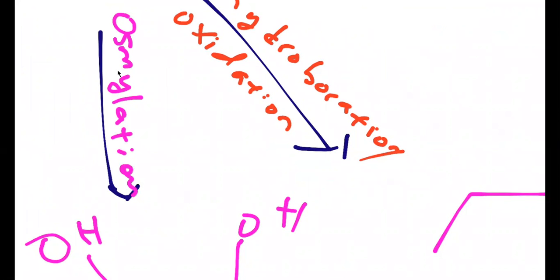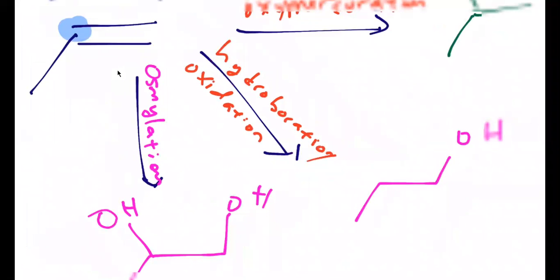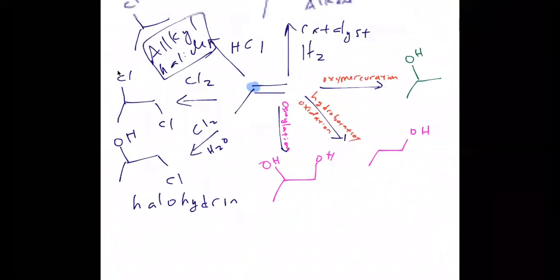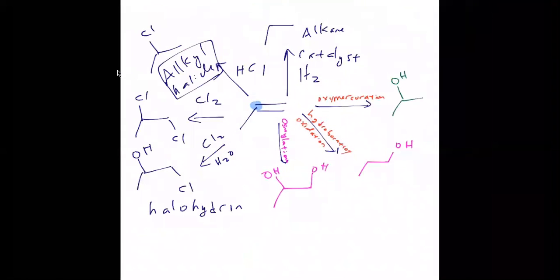So you've got all these different tools, and there's even more reactions than that, but I'm just going to introduce with that. We're also going to talk about ways to convert alkenes into carbonyls, ways to convert them into cyclopropanes. There's a bunch of different reactions that we can do. But these are just some of the main ones that we're going to learn.